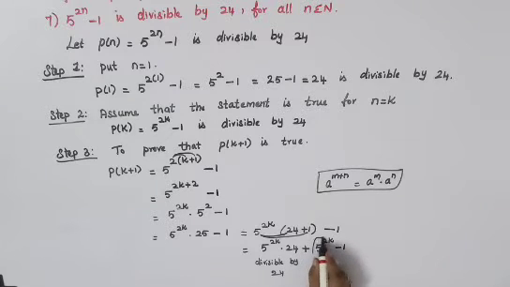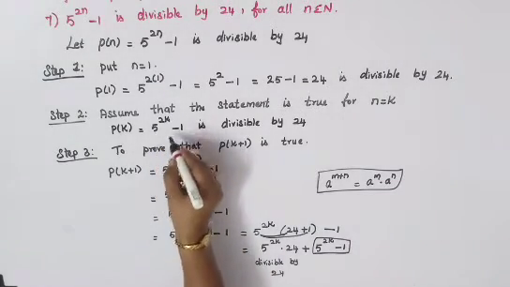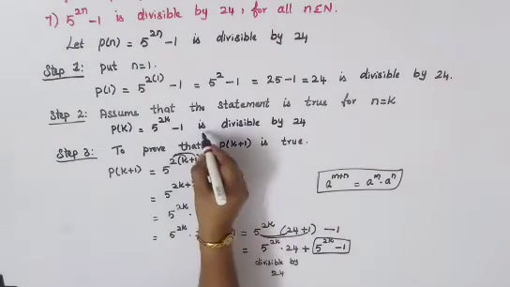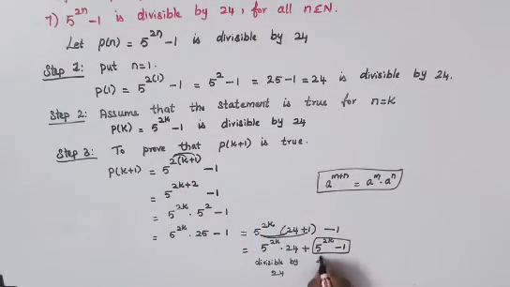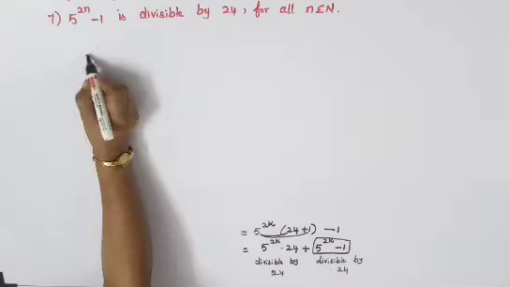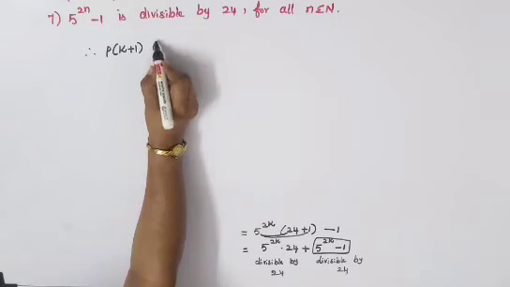Now going to this term together, so just see a step 2. So 5 power 2k minus 1 is there, the same 5 power 2k minus 1, but what we have declared is divisible by 24. So therefore here also you can write it as divisible by 24. Altogether this is only P of k plus 1, so you can declare that as P of k plus 1 is true, okay. Therefore P of k plus 1 is true.